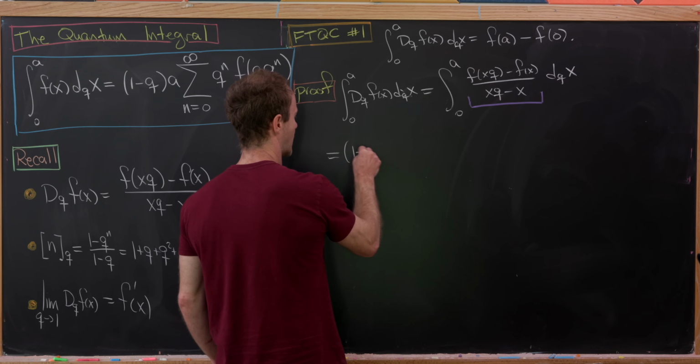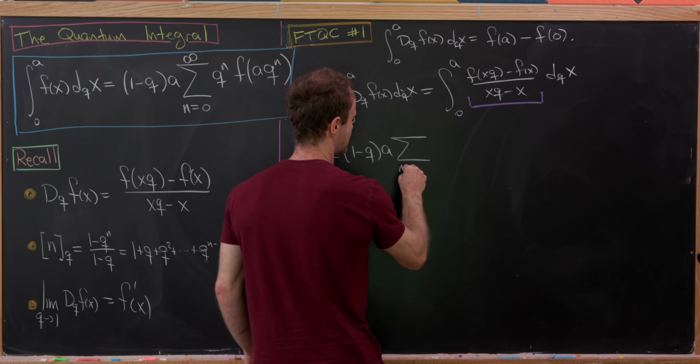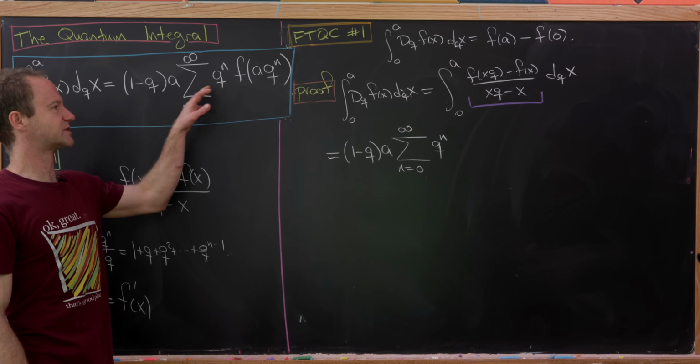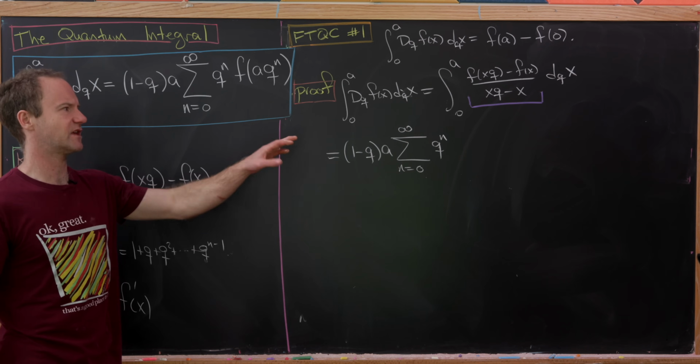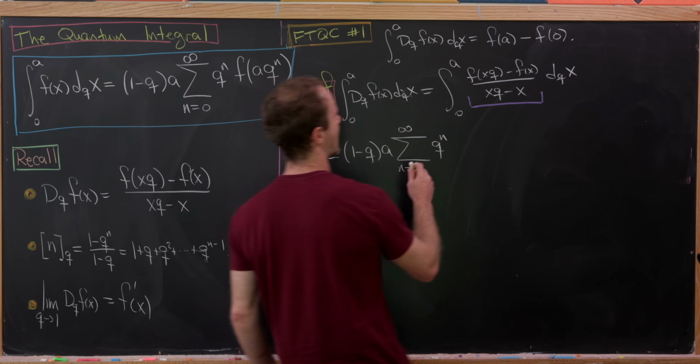So that'll give us 1 minus q times a, and then we'll have the sum as n goes from 0 to infinity of q to the n. So all of that comes along regardless of what the function is. But now the function is that thing which is underlined in purple, that derivative. Okay, so let's see what we'll have here.